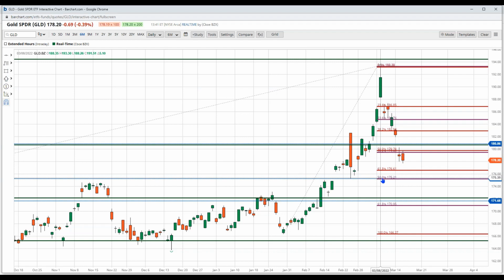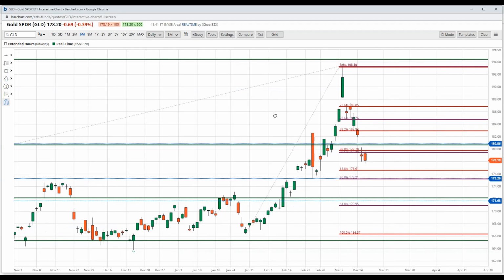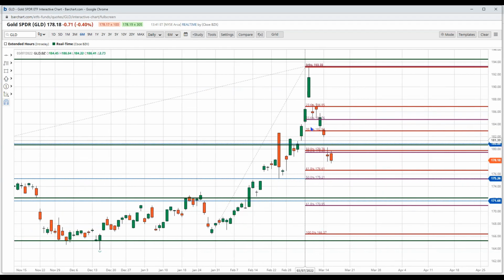So what can we do here? Well, now what we can say is, all right, I want to buy gold, the GLD, on this correction. And I'm waiting patiently for price to fall down into this zone, this area where my cluster of Fibonacci's are.